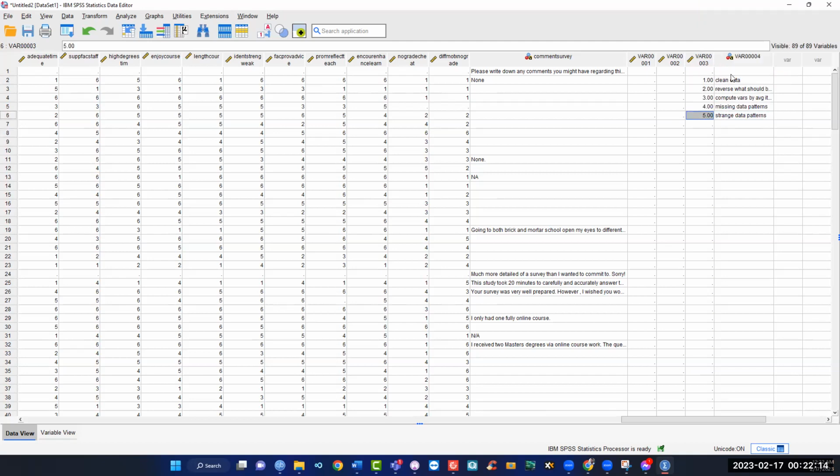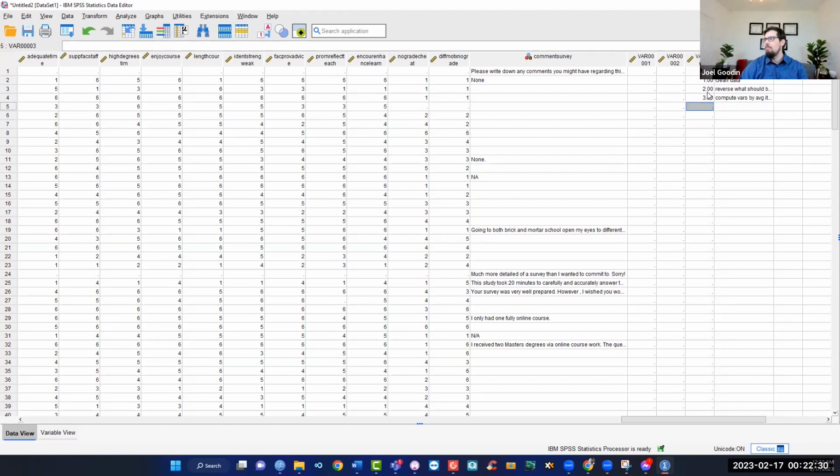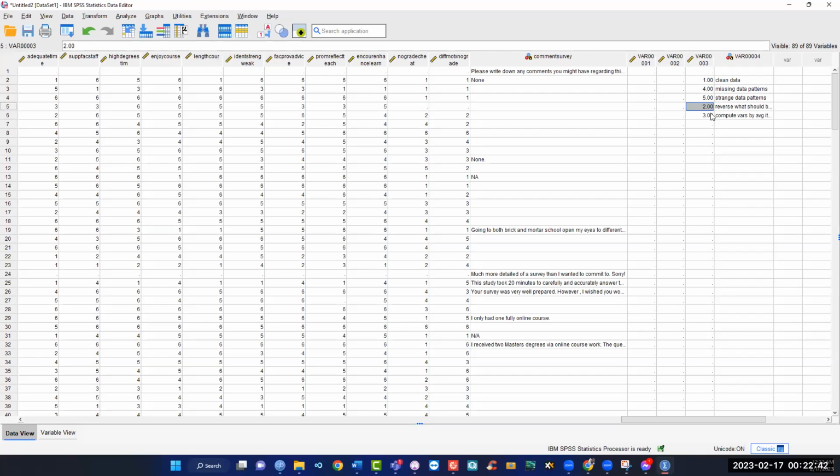Obviously, data patterns would go up here with cleaning data. Before you reverse anything, you want to make sure all the numbers are perfect. And then you reverse. So actually 4 and 5, as I have them. Actually, I'll paste that back, because missing and strange and clean go along with each other.